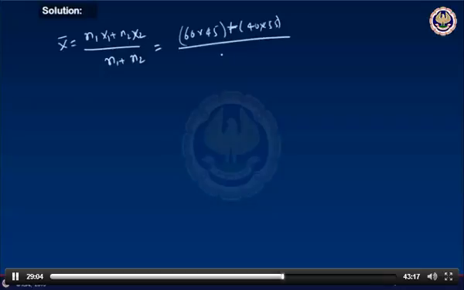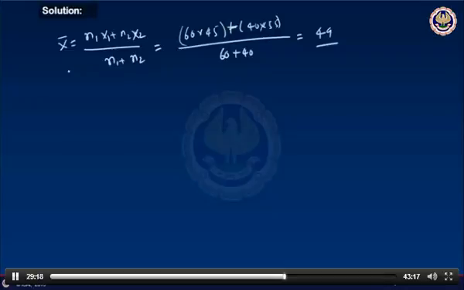X bar equals N1 X1 plus N2 X2 by N1 plus N2, which is equal to 60 into 45 plus 40 into 55 by 60 plus 40, which is equal to 49, the combined average of the boys and girls students.